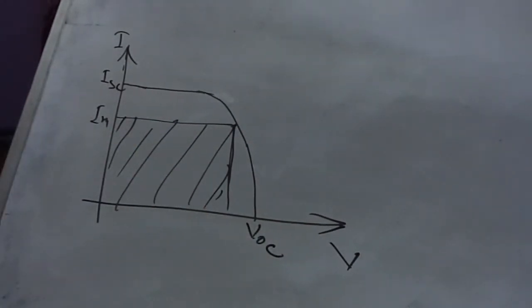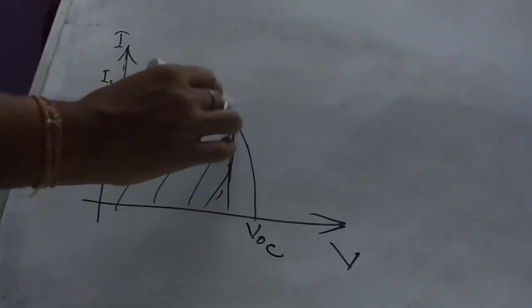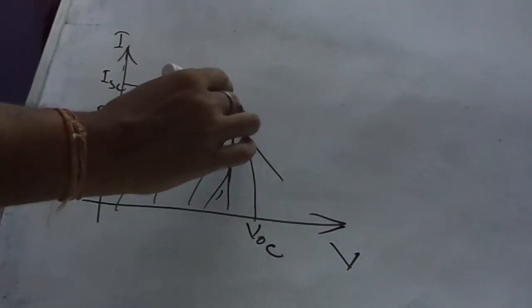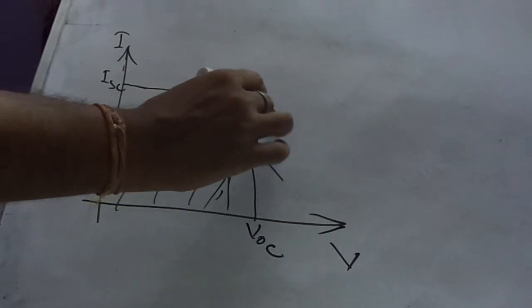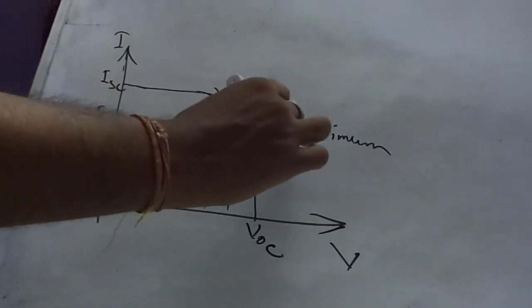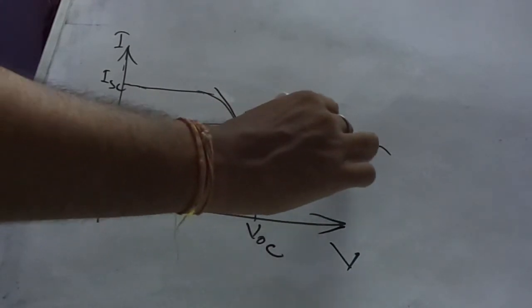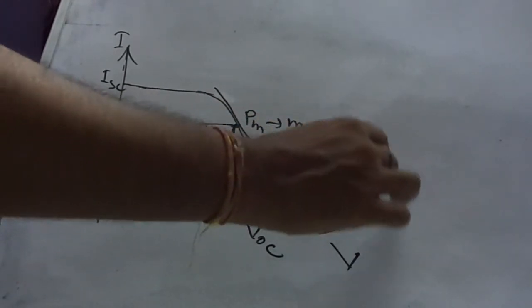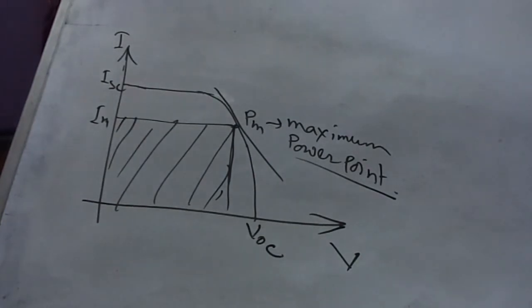That is the maximum power point, PM. So that is the IV characteristics and maximum power point.